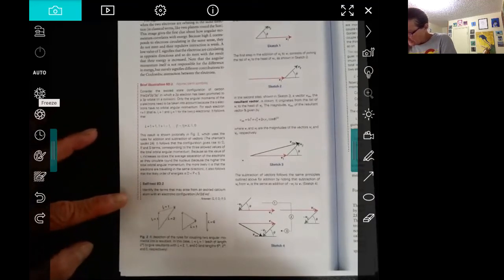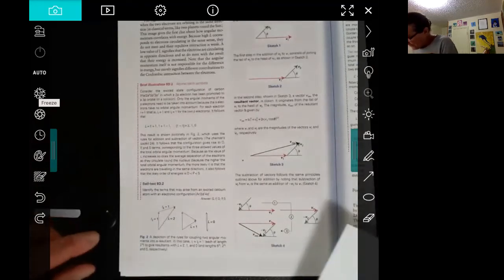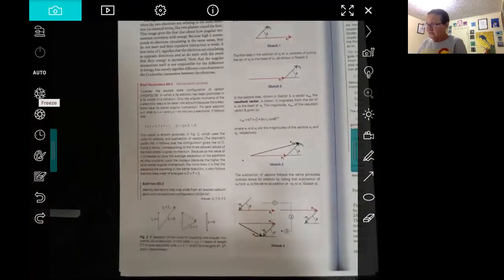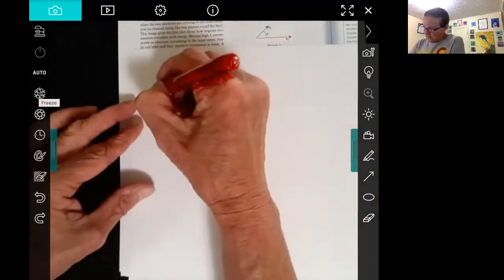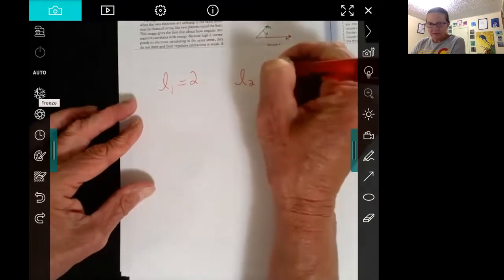So this first self-test says just identify the terms that arise from an excited state of calcium. So the only electrons we have to worry about are the unpaired ones. So we have two electrons each in d orbitals, and so L1 equals 2, L2 equals 2.